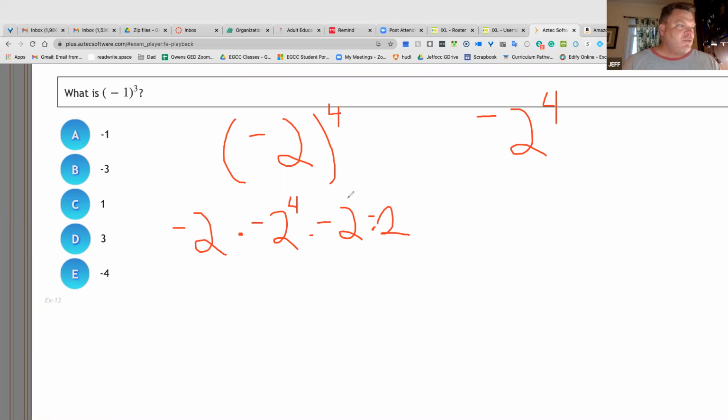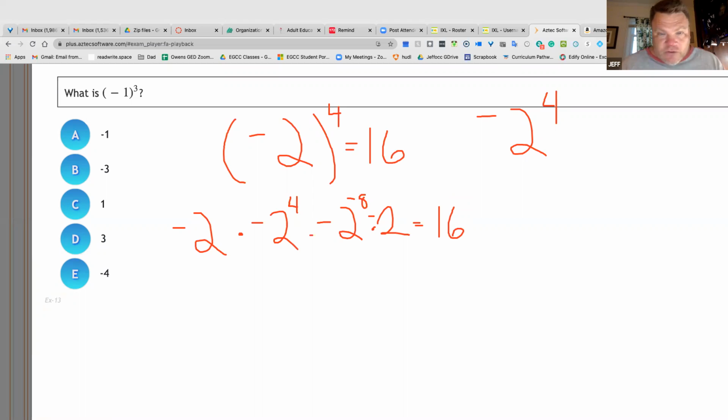Times -2 is -8. Negative 8 times negative 2 is a positive 16. Calculator does all the work, so we don't really have to do that math. The calculator has the ability to write those parentheses in there. So negative 2 inside parentheses would be 16.